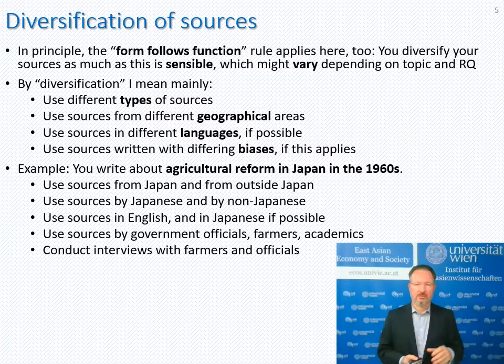Right? It shows that you've tried to include potentially different opinions and biases based on the origin of the authors. Different languages, that goes in a similar direction, but it's not the same.